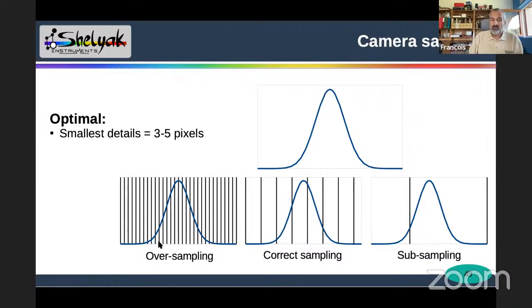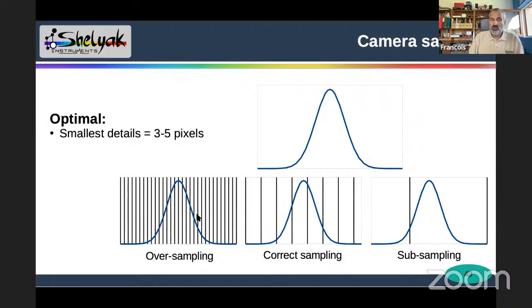And on top of that, you can understand that if the pixel size is smaller, then each pixel will receive much less light, much less photons than in this case. And then you will be much less sensitive, and you will need a much longer exposure just to have the same signal to noise ratio.